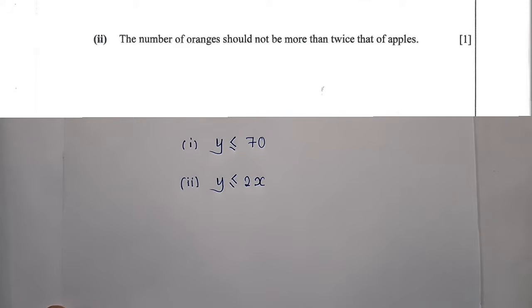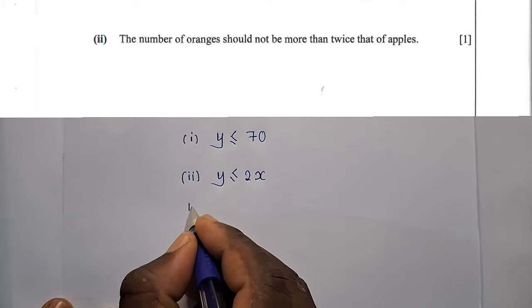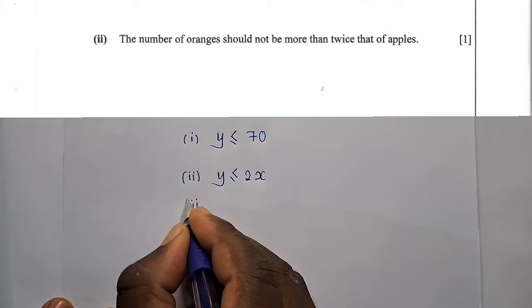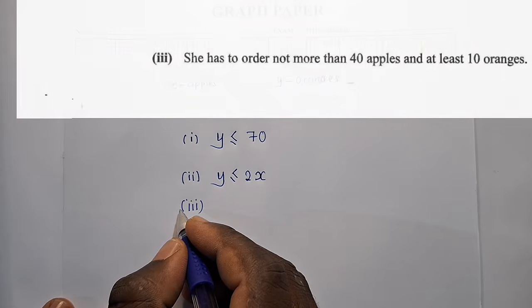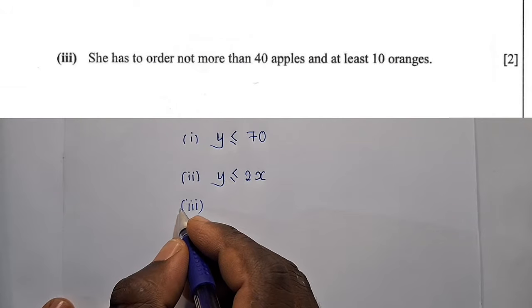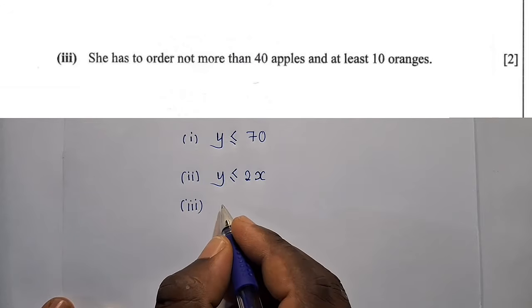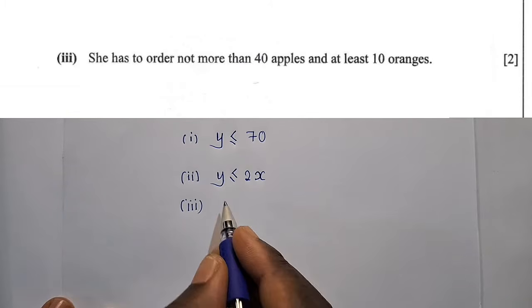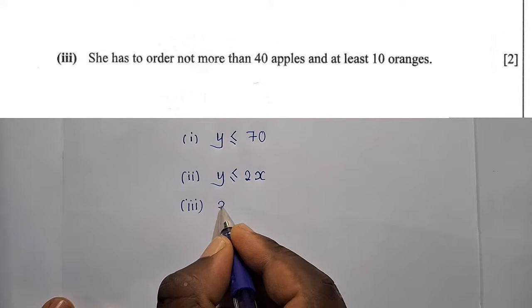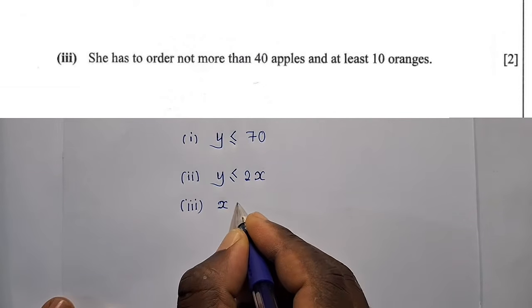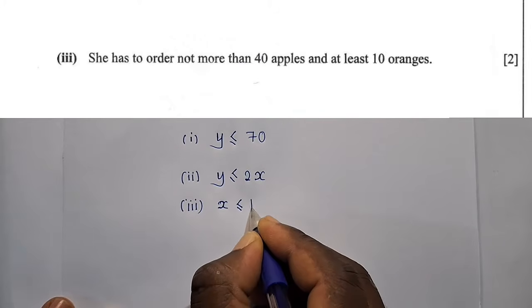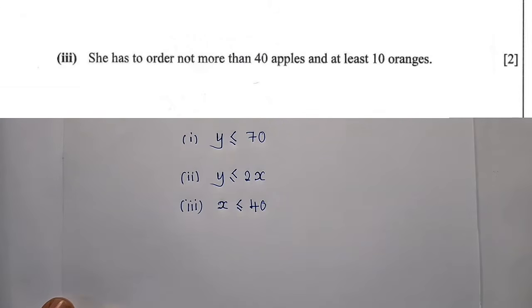We go to inequality 3. They're saying she has to order not more than 40 apples. This is X. So X is less than or equal to 40, which simply means not more than.